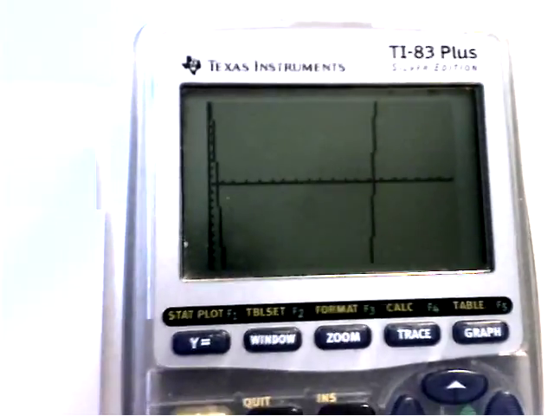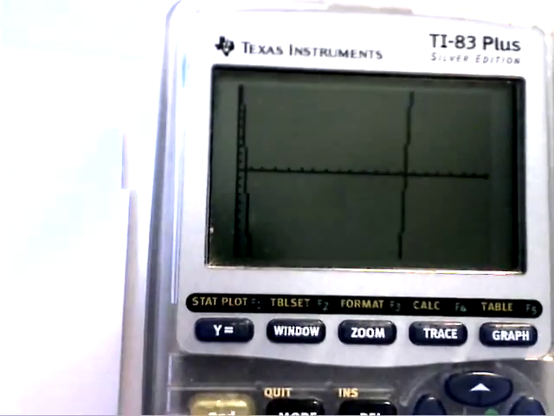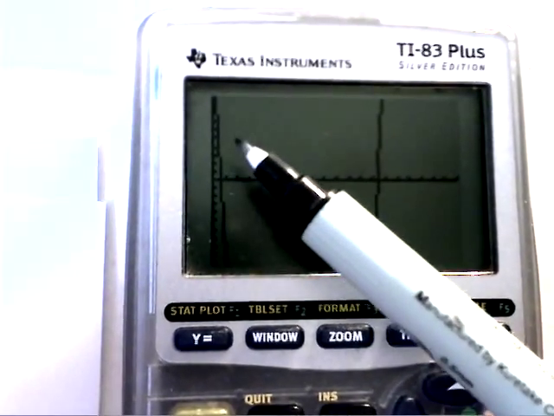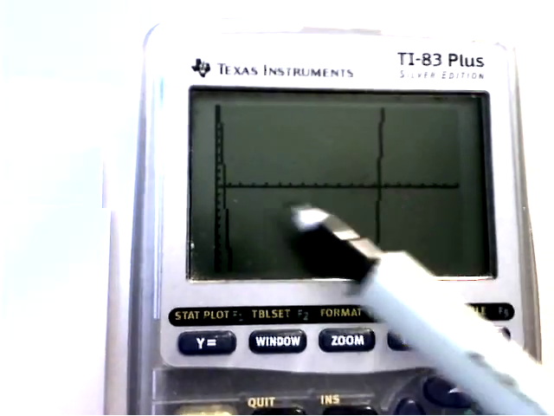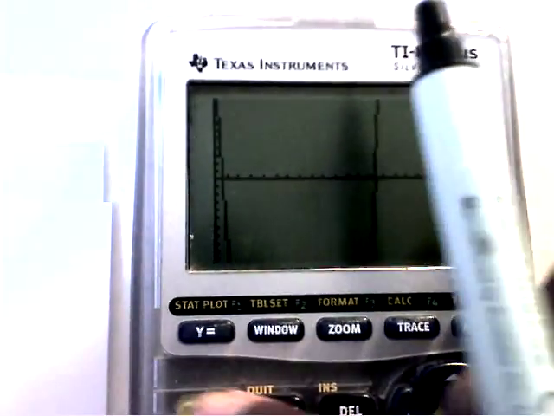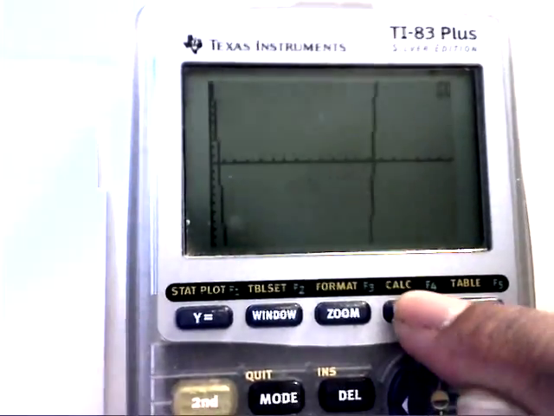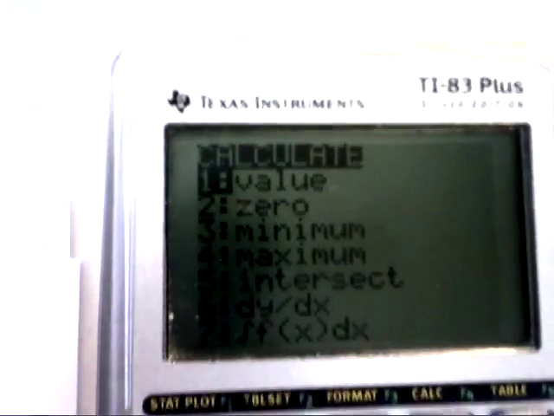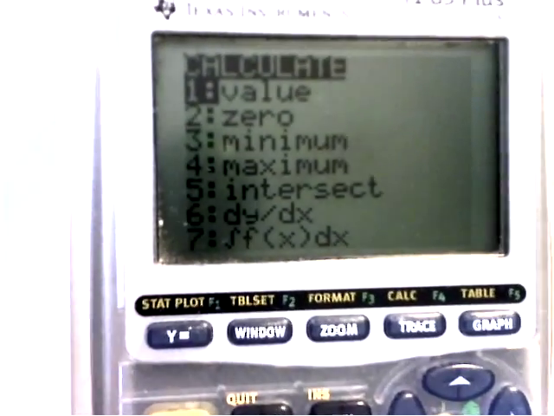Okay, and that's what part of the graph looks like, but that's okay, because the only thing I want are my x-intercepts to find out where this graph is crossing the x-axis. So let's do second and then trace. Now we're finding the x-intercept again, so we're going to use the 0, which is number 2.